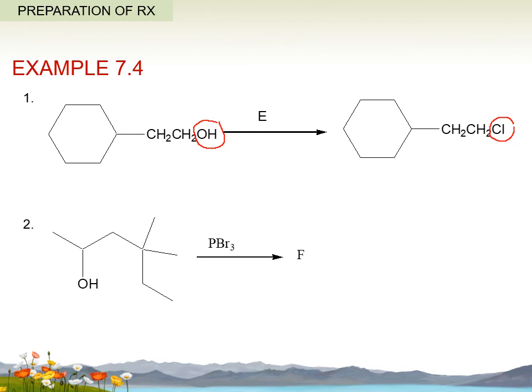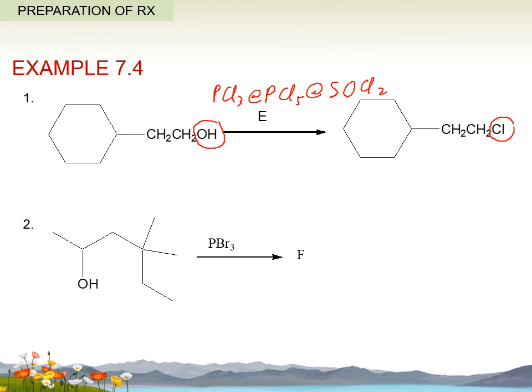The reactants are listed in your page 251, where for chlorine we're going to have either PCl3 or PCl5 or thionyl chloride, SOCl2. And we're going to produce either H3PO3, POCl3, or SO2 as the byproduct.